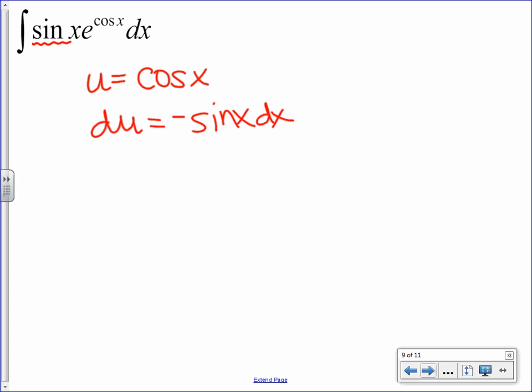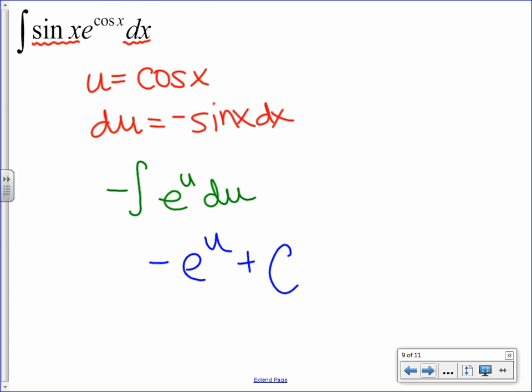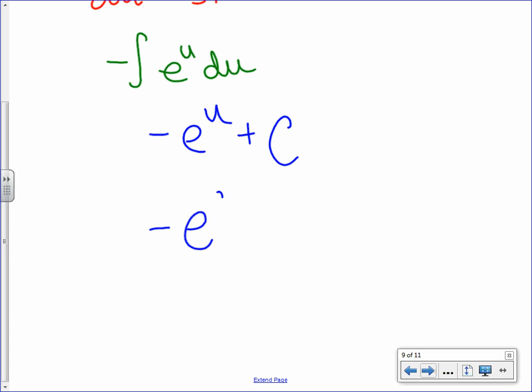We have sine of x dx, so we're going to have negative e to the u du. So when we integrate, negative e to the u is negative e to the u, and so we rewrite it as negative e to the cosine of x.